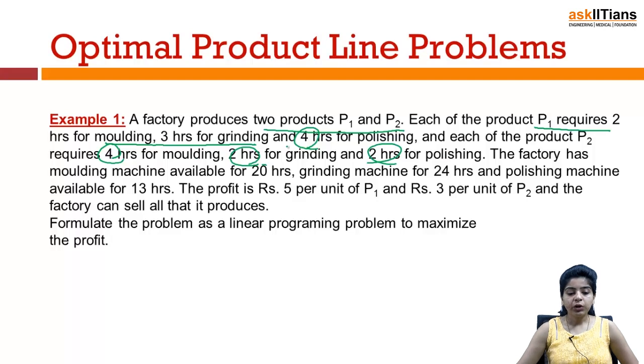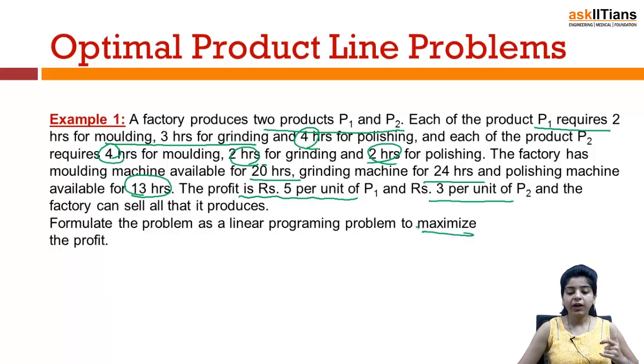The factory has molding machine available for 20 hours, grinding machine for 24 hours and polishing machine for 13 hours. The profit is 5 per unit of P1 and 3 per unit of P2, and the factory can sell all that it produces. Formulate the problem as a linear programming problem to maximize the profit.